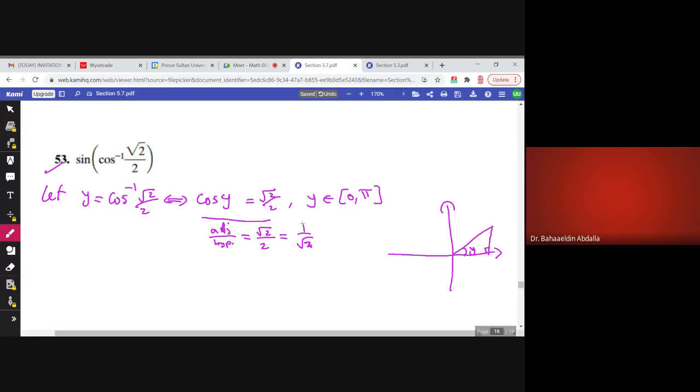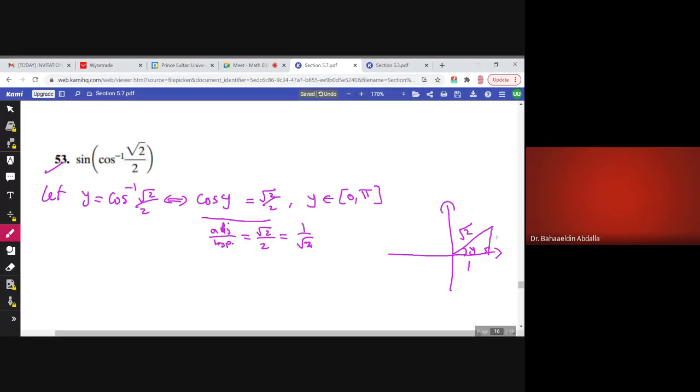So it was 1 over square root of 2, and then he rationalized the denominator. I'll take it as 1 over square root of 2. If you want to take it square root of 2 over 2, it is not a problem. You can do that, but it is easier if you take it 1 over square root of 2. So the adjacent is 1, and the hypotenuse is square root of 2.